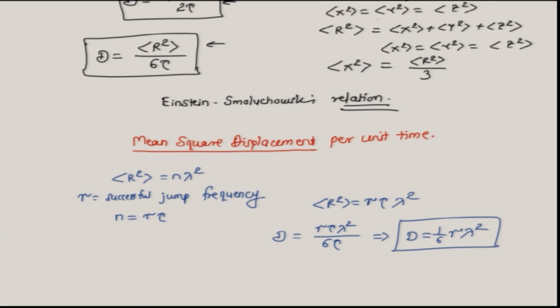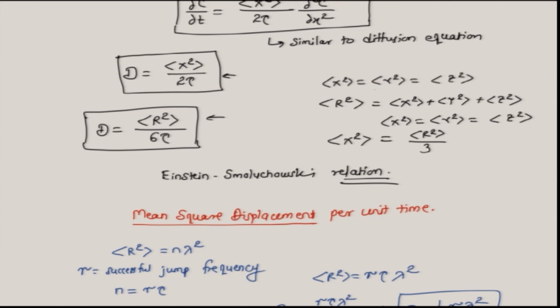So, the point to take away is the Einstein-Smoluchowski relation established the physical significance or the theoretical meaning for the term diffusivity. The diffusivity is a measure of mean square displacement per unit time.